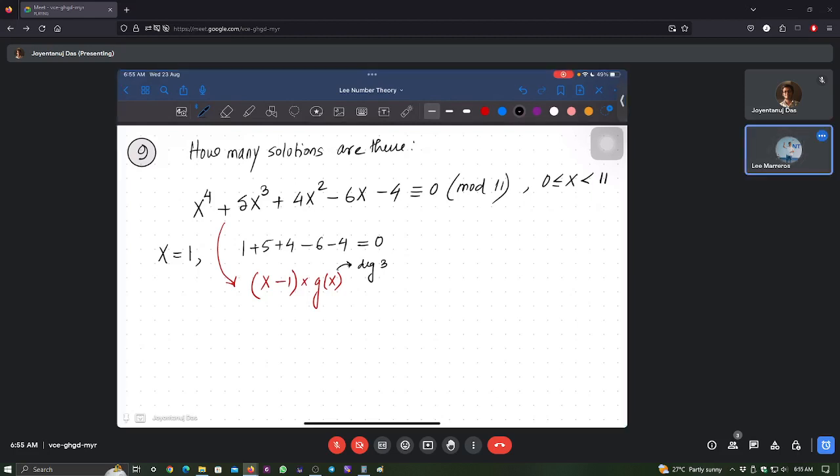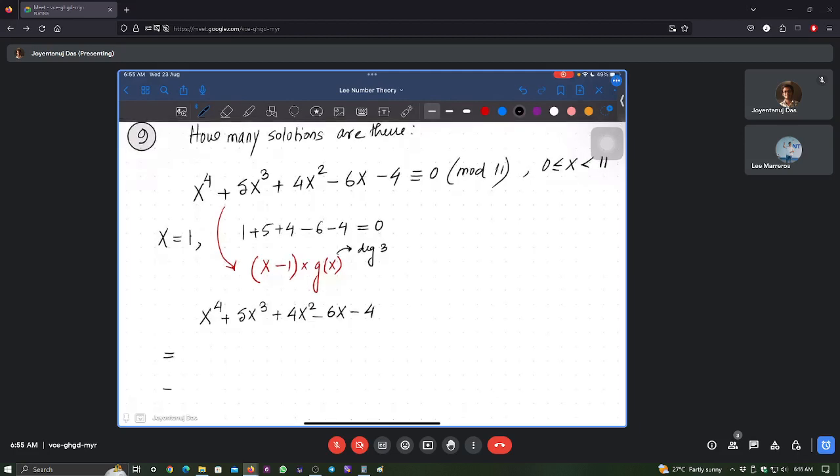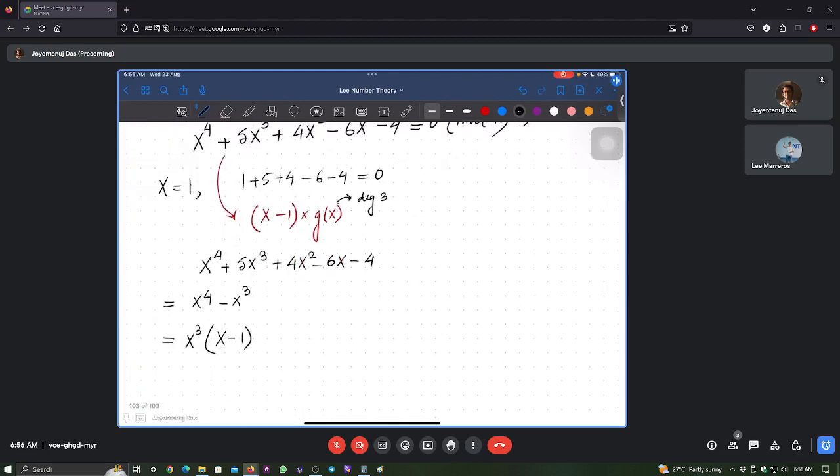Okay. So for example, let me write down. Here I want to factor out x minus 1. The first term is x power 4, so I multiply by x cube, which gives x power 4 minus x cube. But I have plus 5x cube, so to adjust it I have to make it 6.